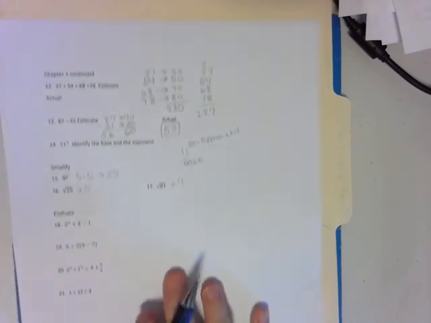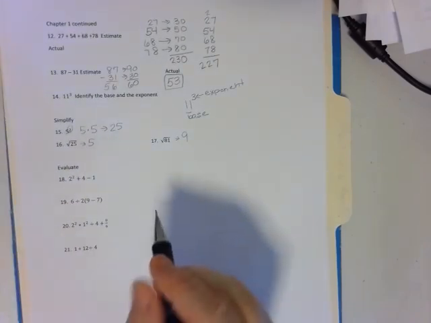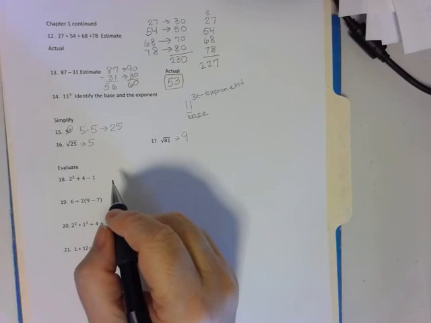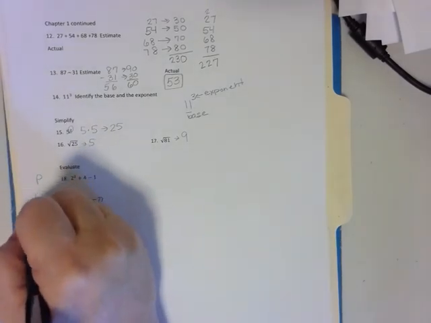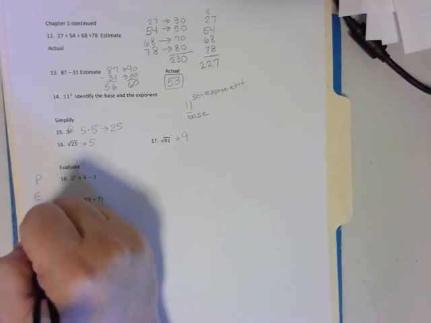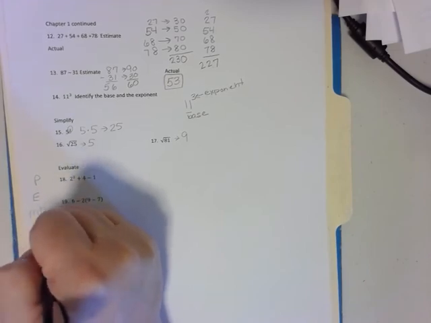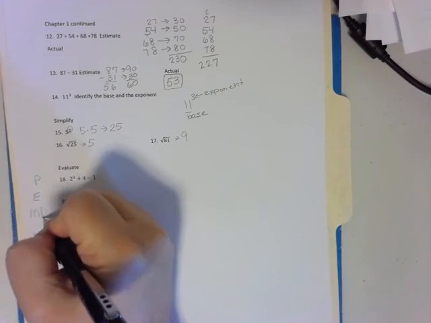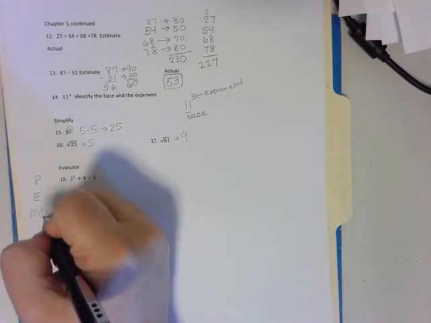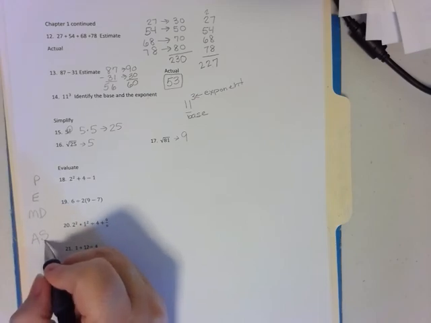Now we're getting into our rules of PEMDAS. Parentheses, exponents, multiply, divide as you find them left to right, then add and subtract as you find them left to right.